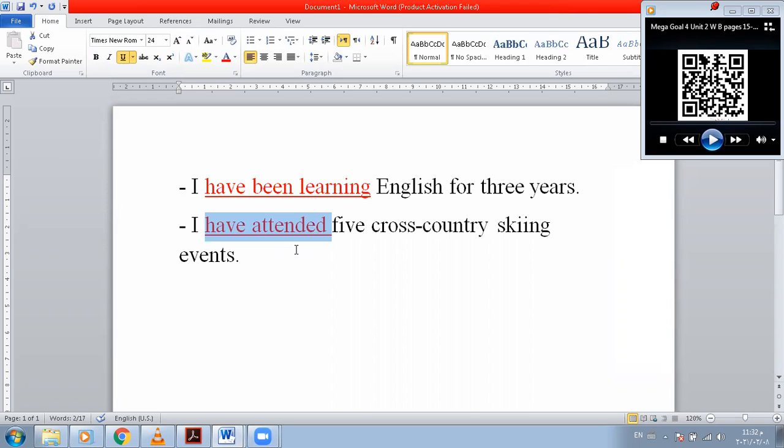Now, I want to know when we have to use the present perfect progressive and when we have to use the present perfect simple.